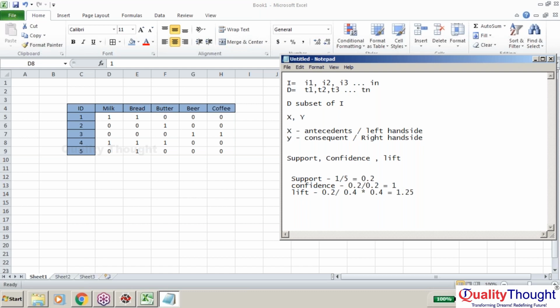How did I get this? This is the observed support related to the lift between the antecedents and the consequents. Whatever we find on the left hand side is the antecedent, and whatever we find on the right hand side is the consequent.